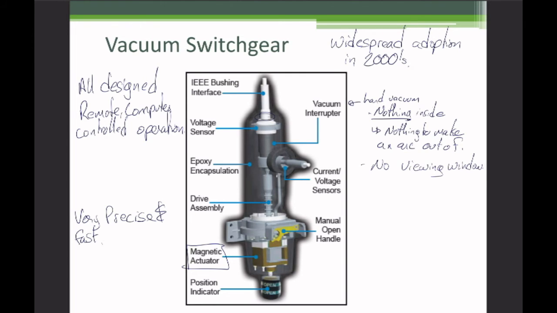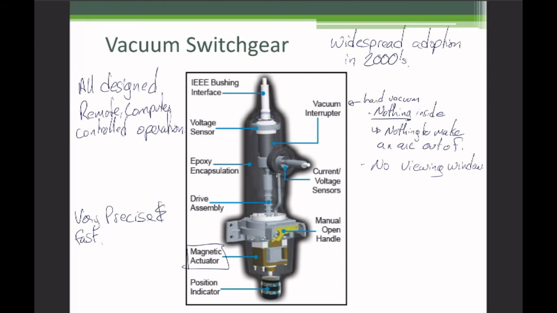The only limit to how fast you can operate these is how fast you can feed electricity into the electromagnet. So this allows us to have reclose intervals measured in fractions of a second instead of seconds. So it allows us to do some things in terms of probing a fault that would not be possible with any other style of technology.